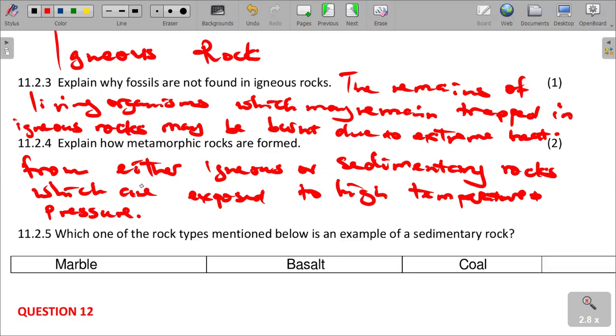So when igneous rocks and sedimentary rocks are exposed to high temperatures and pressure, they change to metamorphic rocks.